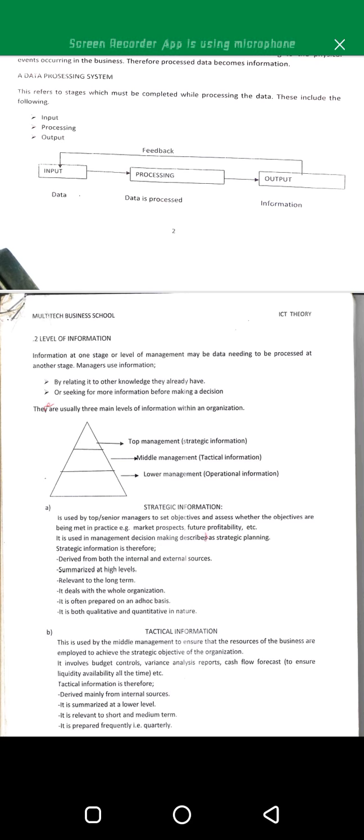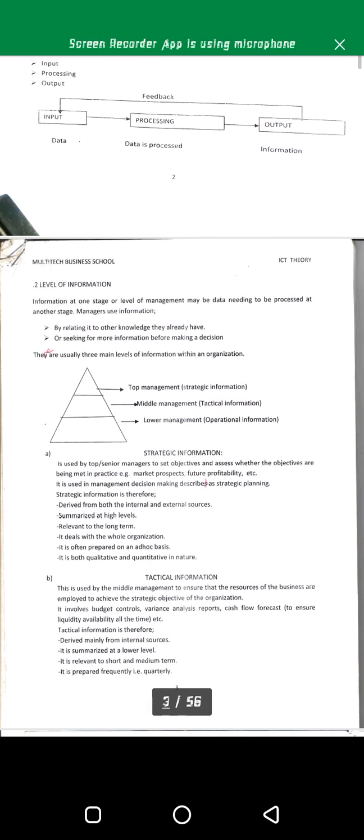Let's talk about levels of information. So here is the statement. Information at one stage or level of management may be data needing to be processed at another stage.